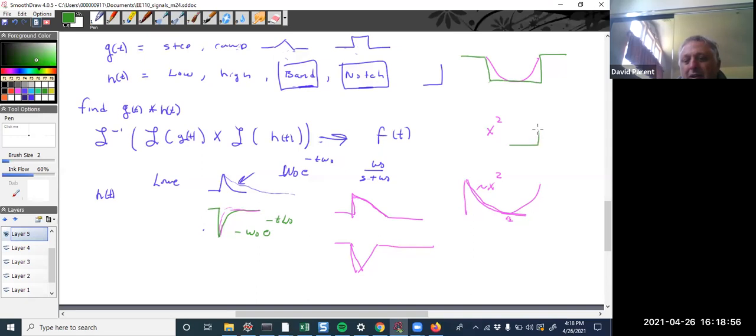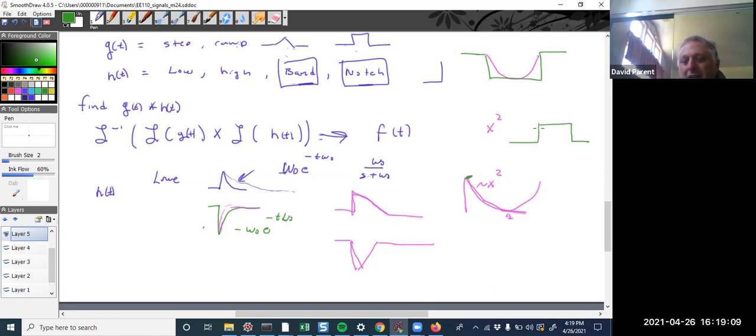I can have a delayed squared function, multiply it by a rectangle so that I'm only getting a piece of it.